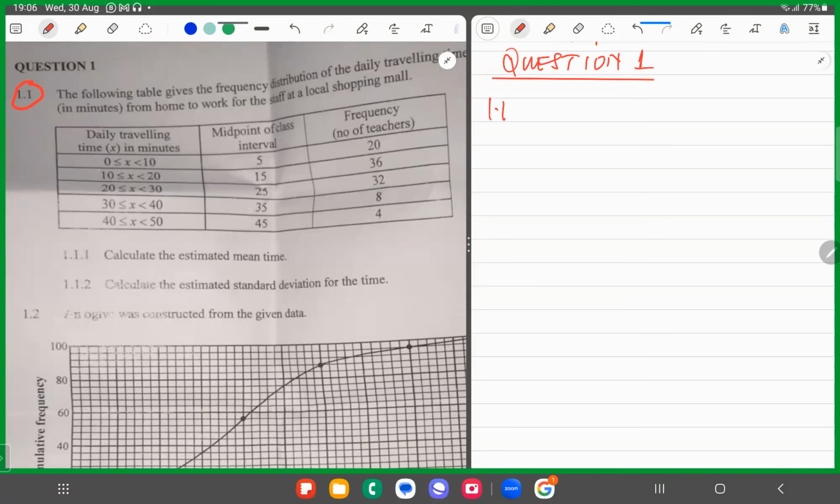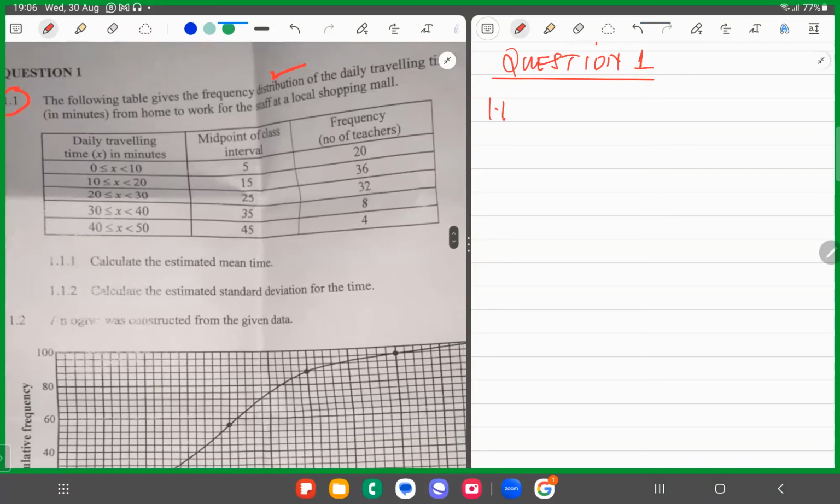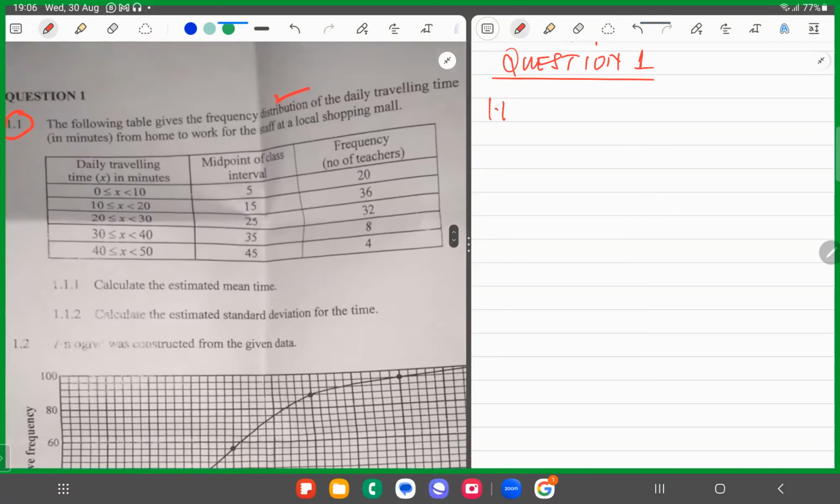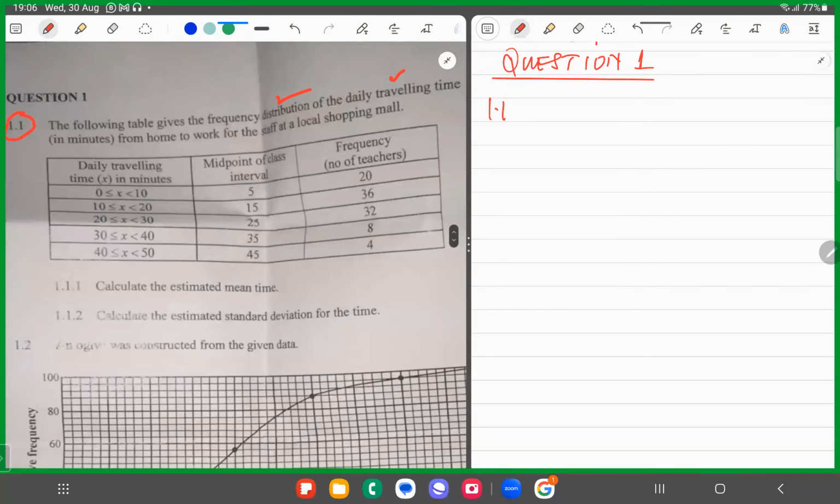The following table gives the frequency distribution of the daily traveling time in minutes from home to work for the staff at a local shopping mall. Right, the midpoint of class interval, the frequency, which is the number of the teachers.